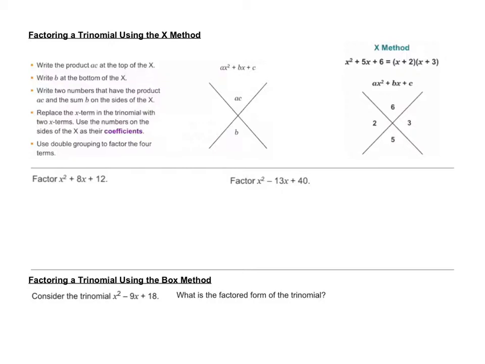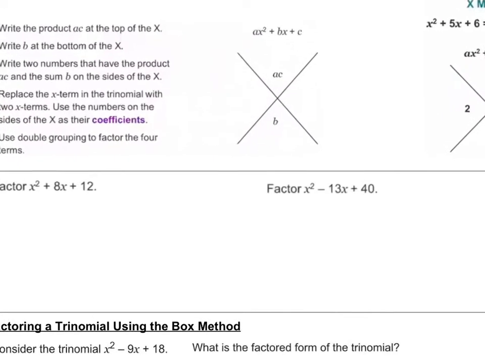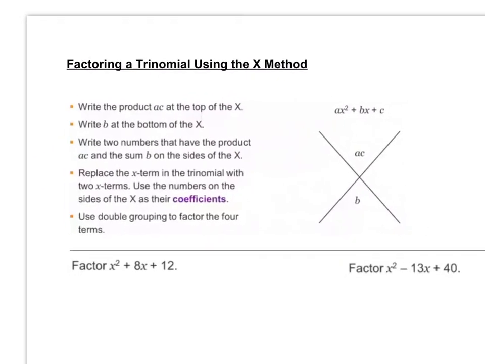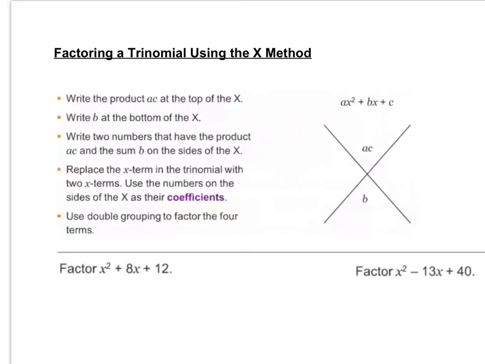And this is actually a pretty good method because I'll be using this method in other sections. It can also be considered the box method. But let's go through this. It gives us some steps on how to solve this.